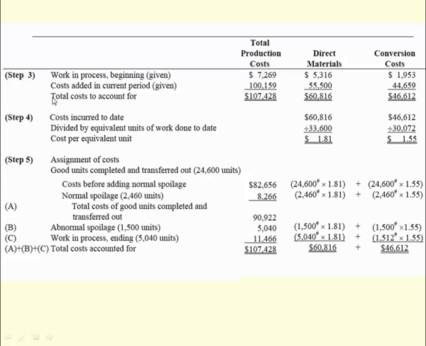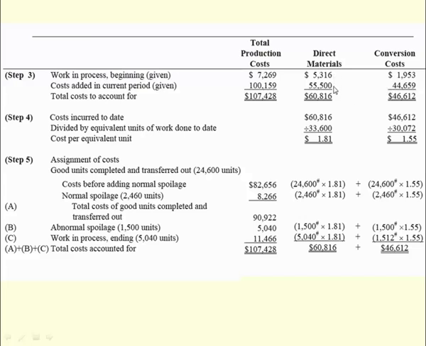Step number 3, we need to calculate total costs to account for. We start with work in process beginning, which was given with the amount of 5,316 for direct material and 1,953 for conversion costs. Then we add costs added in the current period, which was also given with the amount of 55,500 for direct materials and 44,659 for conversion costs.